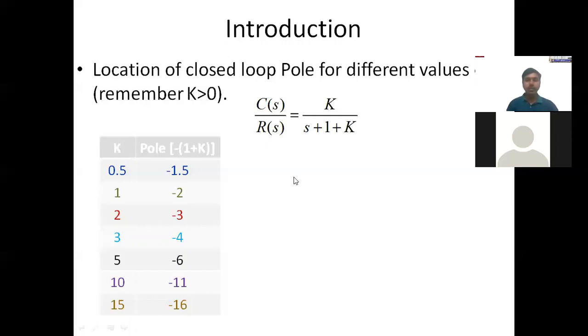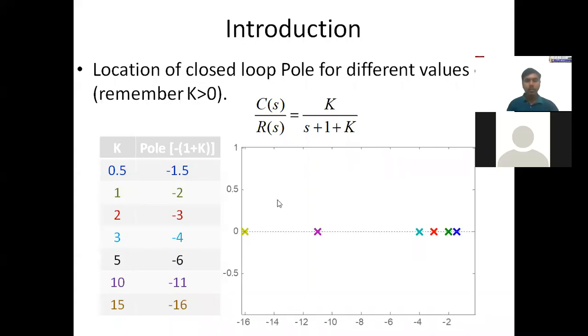A simple process to know the pole locations for different K values is to change K from 0 to infinity and calculate the pole location. From this system, we know that the pole location is minus 1 minus K. Therefore, we substitute different K values and find the pole values.